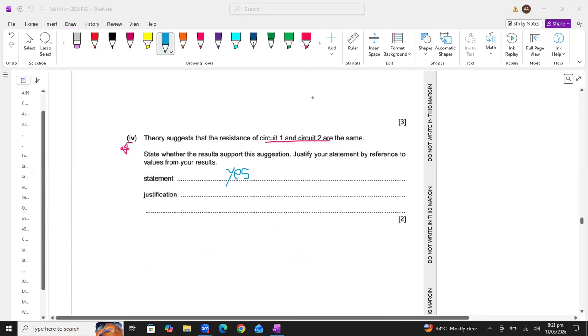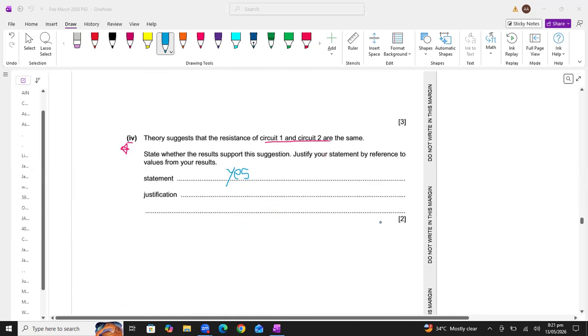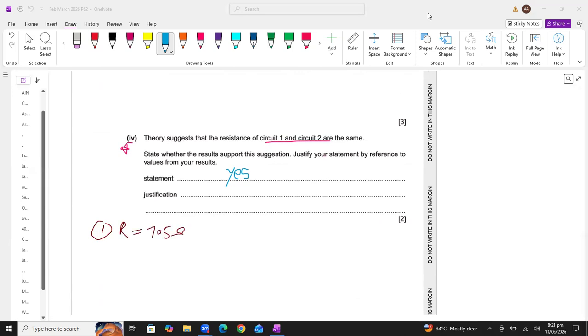Now students, you can see the circuit 1 resistance was 7.5 ohm and circuit 2 resistance was 7.7 ohm. Let me write the values here. So how can we find the percentage uncertainty? I will use the formula of percentage uncertainty, and let me tell you, the uncertainty concept is very important because the A-level first chapter is related to uncertainty.